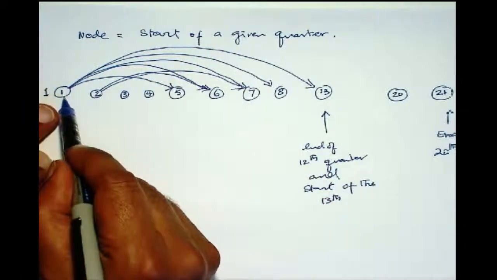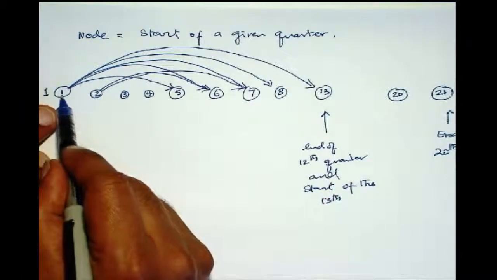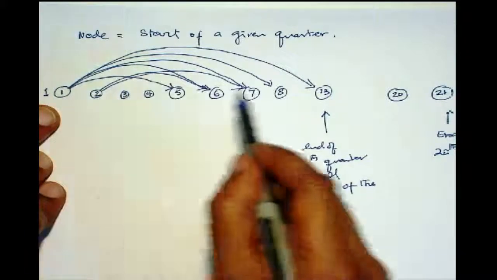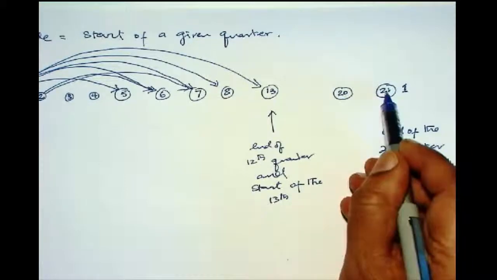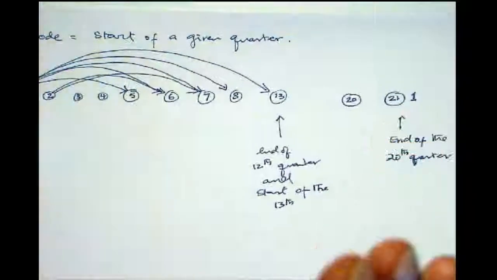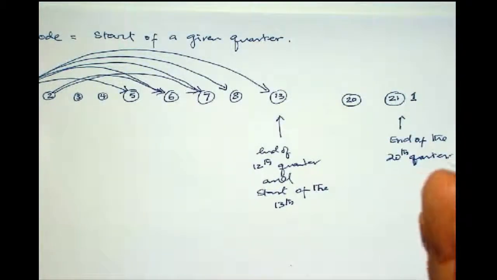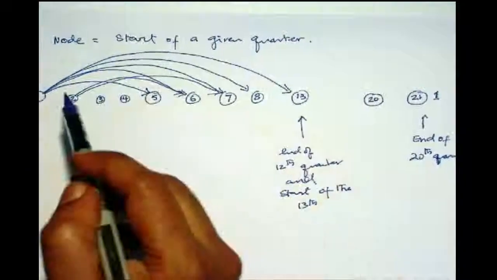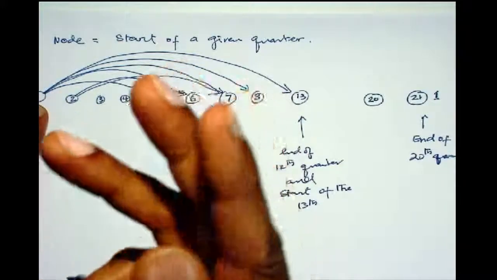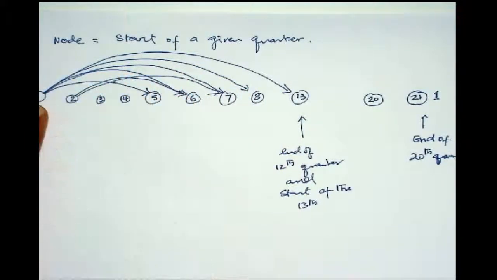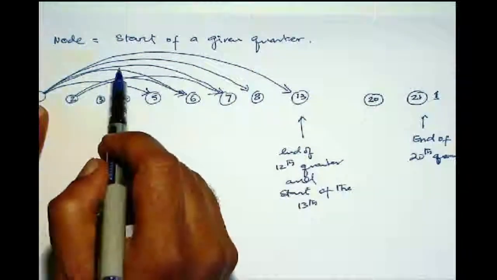So you have to have nodes going from 1 through 21, where 21 will represent the end of quarter 20, because our planning horizon is 5 years, 20 quarters. And you can have arcs only after the end of the first year and up to the end of the third year. Okay, let's look at the costing now in Excel.